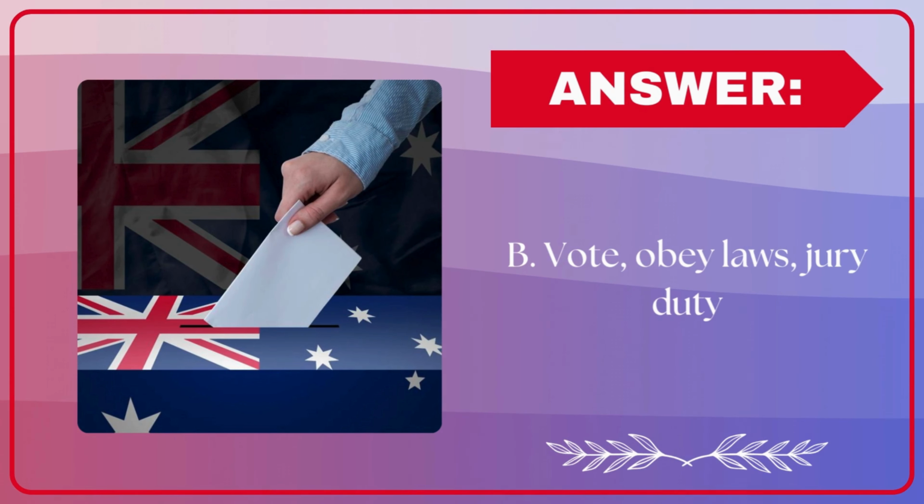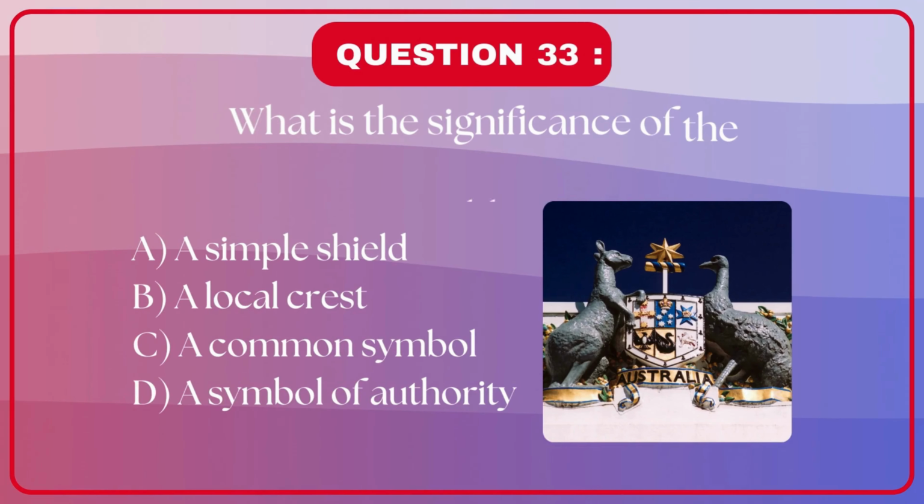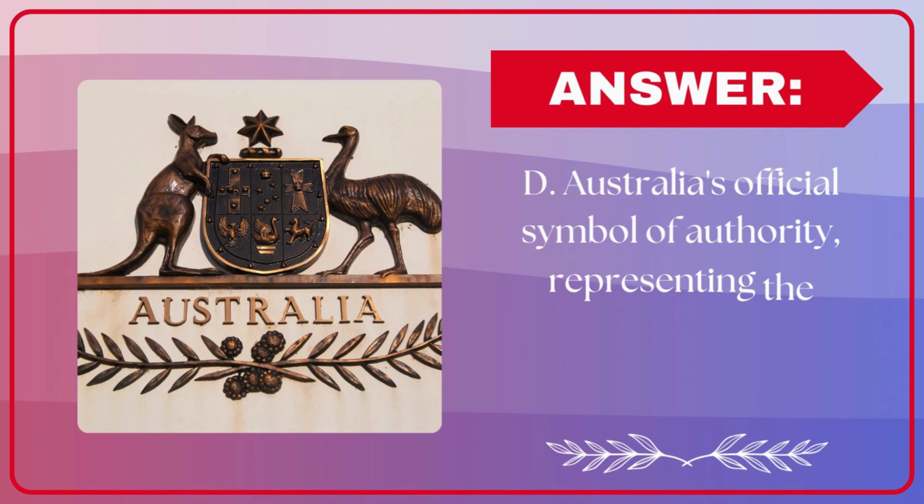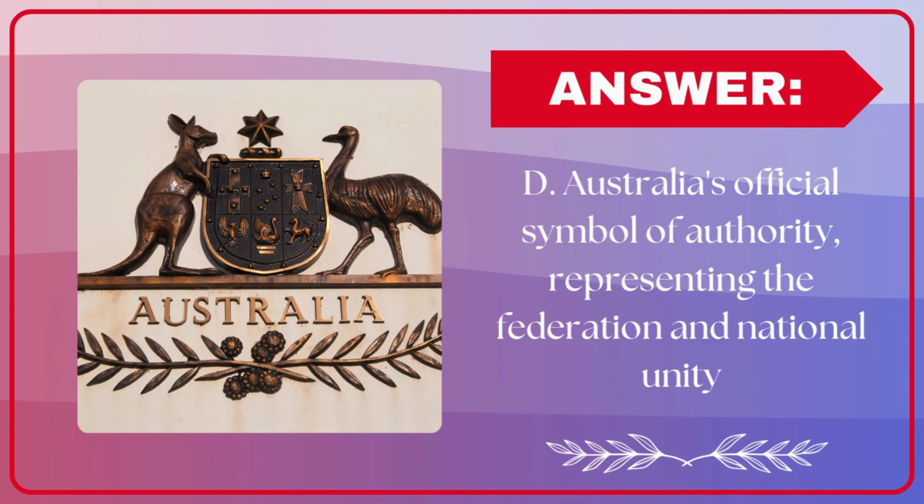Enroll and vote in elections, serve on a jury if called, obey the laws. What is the significance of the Commonwealth coat of arms? Australia's official symbol of authority, representing the federation and national unity.